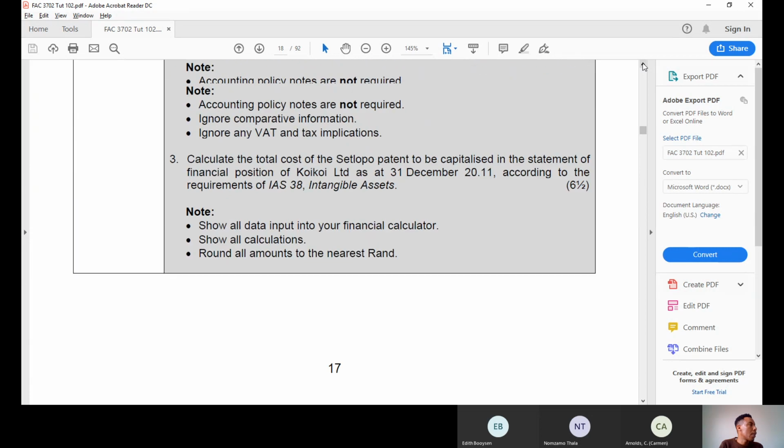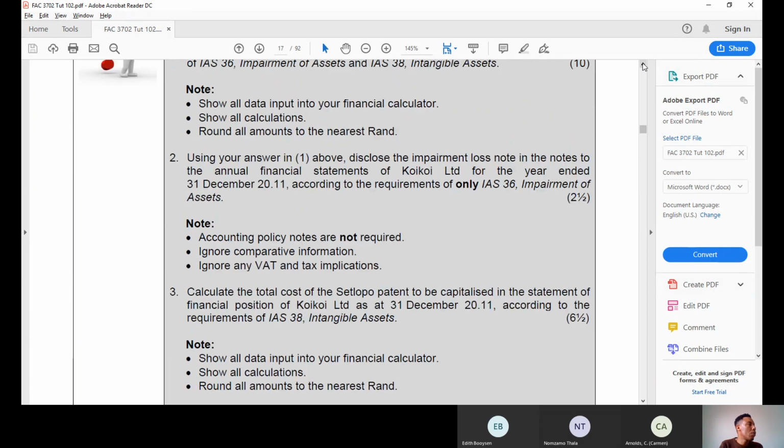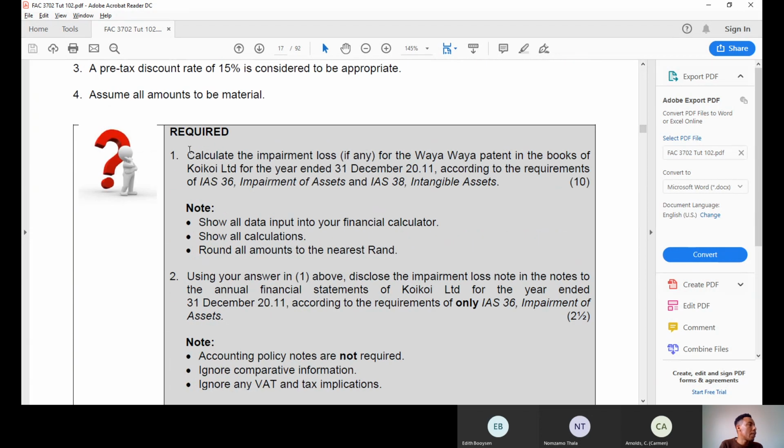So required 1 says that you need to calculate the impairment. The keyword here is to calculate, not do a disclosure, and they say if any. So we need to do a test for the wire patent in the books of Koi Limited for the year ended 31st of December 2011. That's the financial year end.